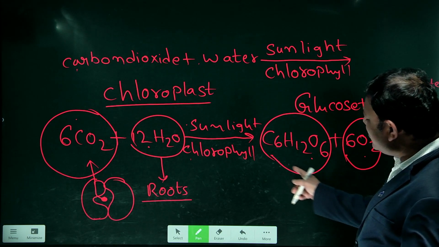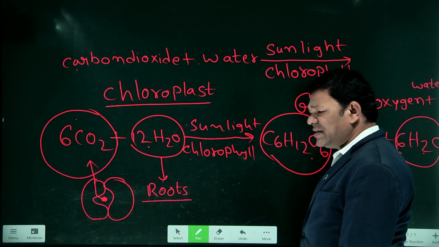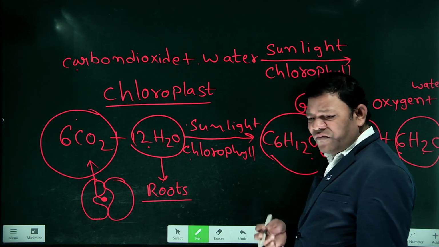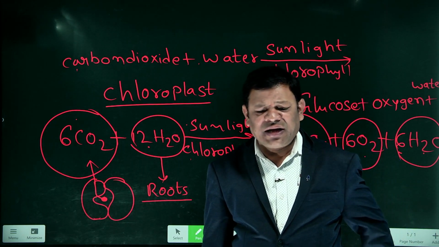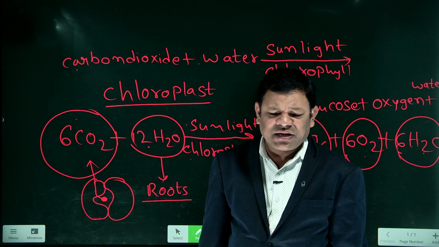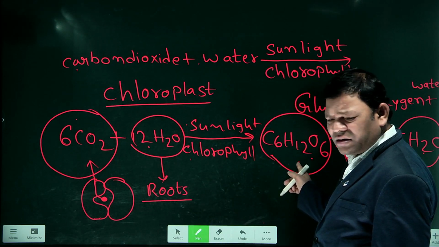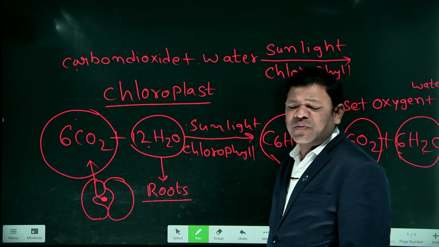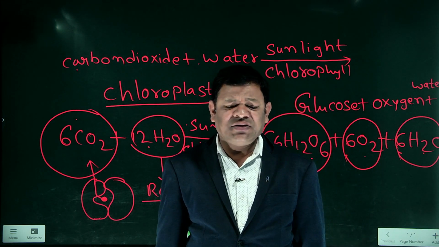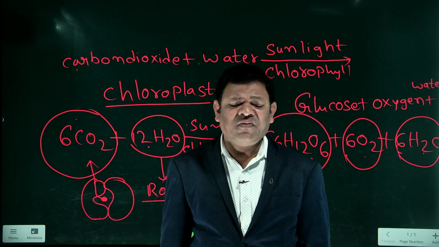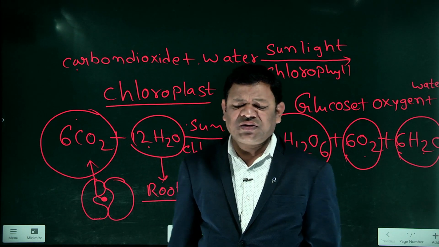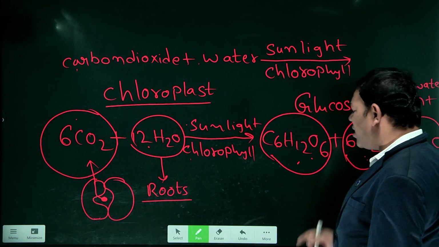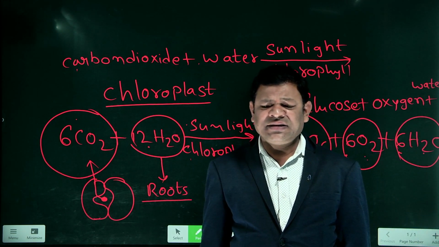Which gas is evolved? Oxygen gas. The food we eat, rice, chapati, idli, dosa, everything is nothing but glucose. Photosynthesis is the food making process. If there is no photosynthesis, there is no food for us and no oxygen gas. Is it clear?